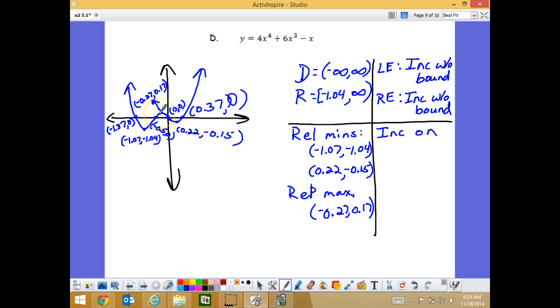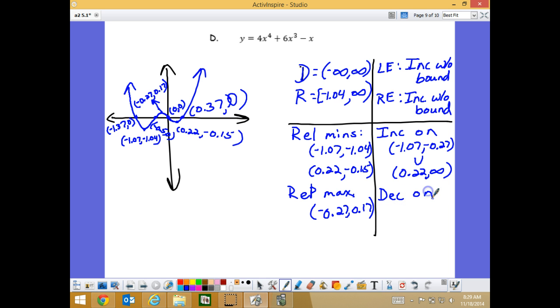And again, with increasing and decreasing, we focus on the x-coordinates. So it is increasing from negative 1.07 to negative 0.27 union, and it is increasing from here all the way to the right. So it's also increasing on 0.22 to infinity.